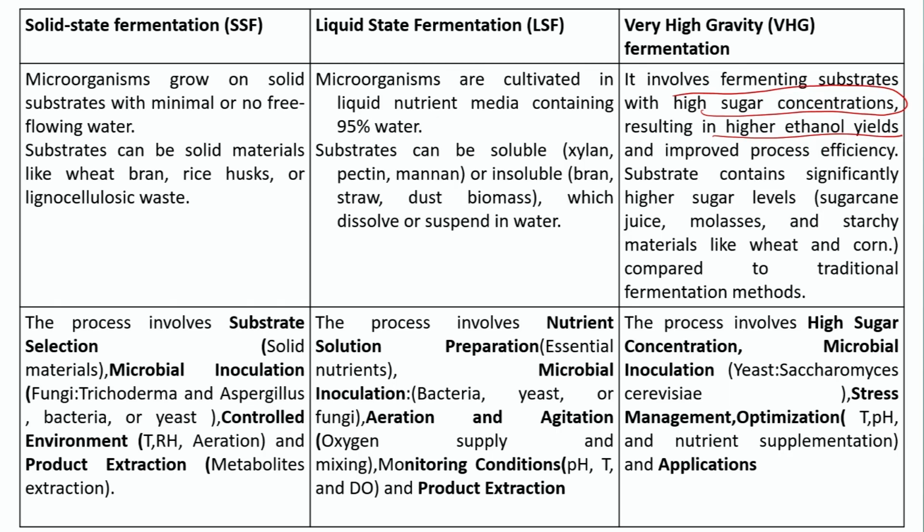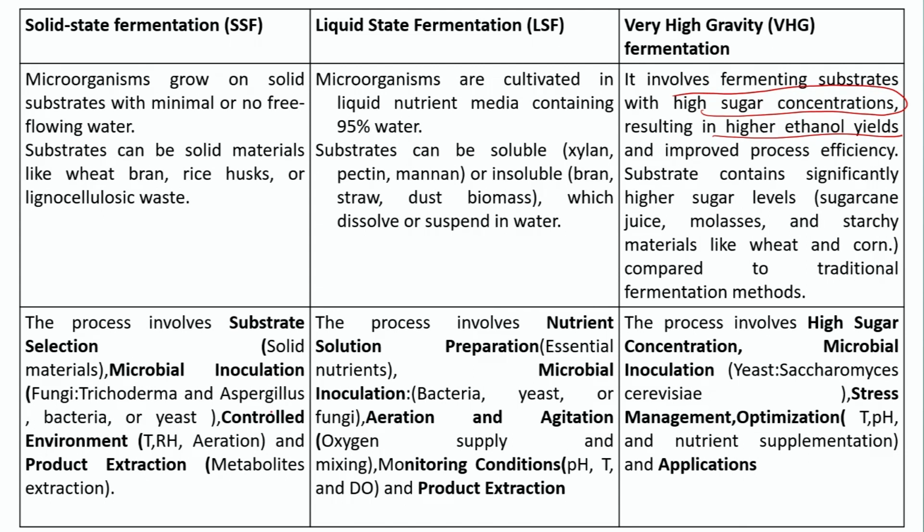This particular mode, as I was mentioning, uses a substrate that contains significantly higher sugar levels, whether it is sugarcane juice or molasses, and starchy materials like wheat and corn, compared to traditional fermentation methods. In the first case, the solid process, they involve substrate selection. I was talking about those solid materials, and then microbial inoculation is needed.